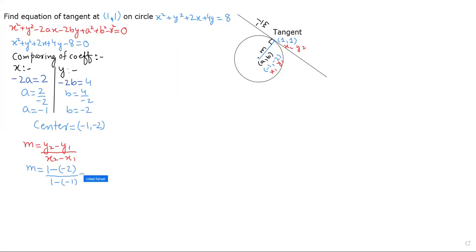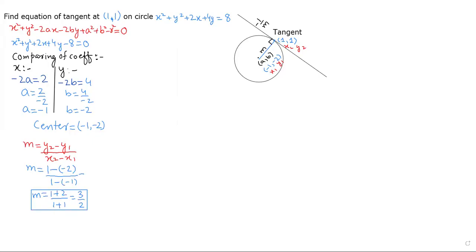So when I simplify it, 1 minus minus is plus 2, 1 minus minus is plus 1, equals 3 upon 2. That is going to be the gradient over here. M equals 3 upon 2.